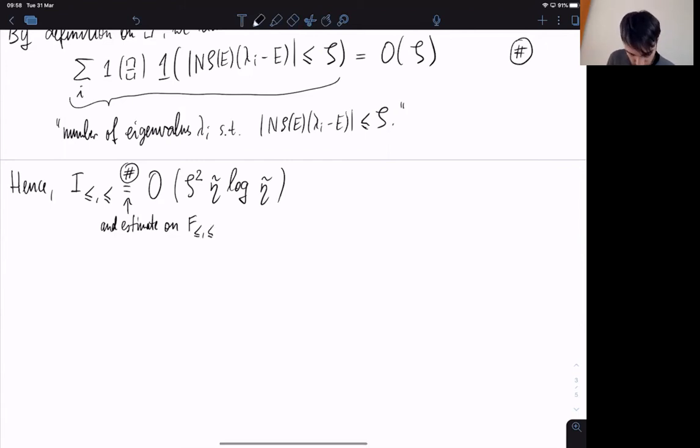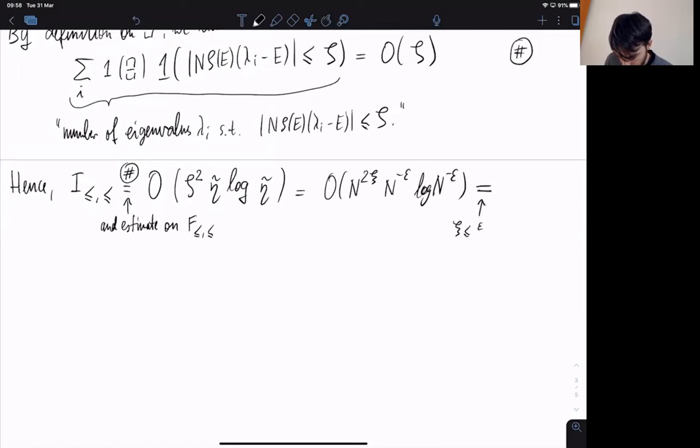And well, now we can plug in everything. So this is n to the 2 xi, n to the minus epsilon, log n to the minus epsilon. Then I can use the choice that xi is smaller than epsilon over 4.